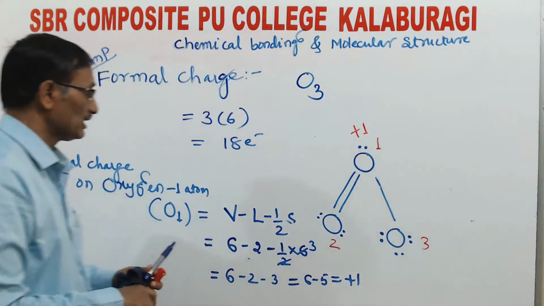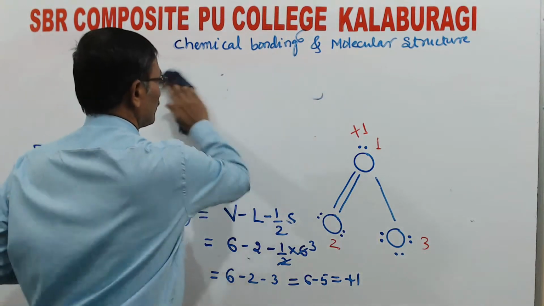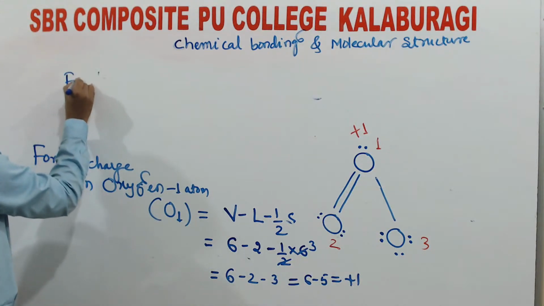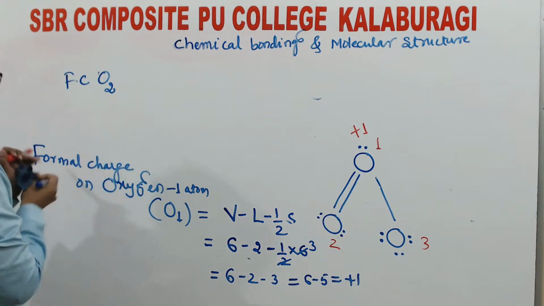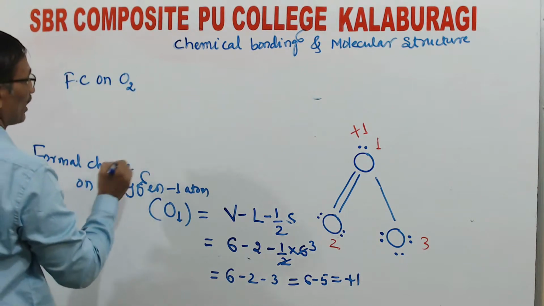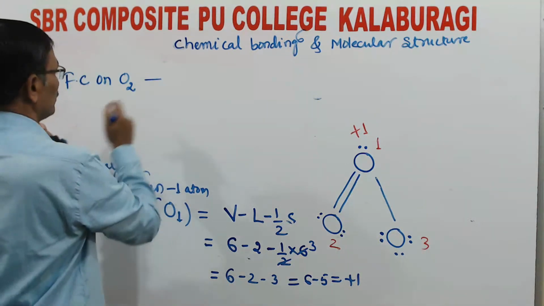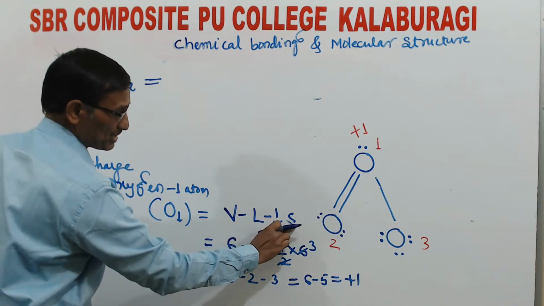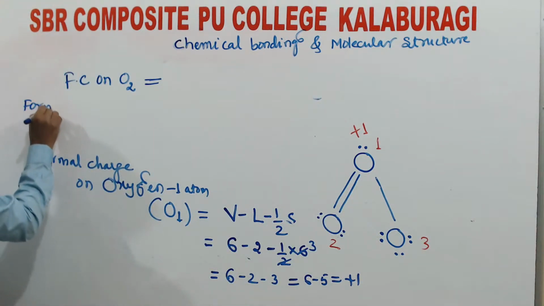Now I will go for the second one. Formal charge on oxygen 2 atom. Using the formula V minus L minus 1 by 2 into S. Better I will write it in words also, as most students may get confused.